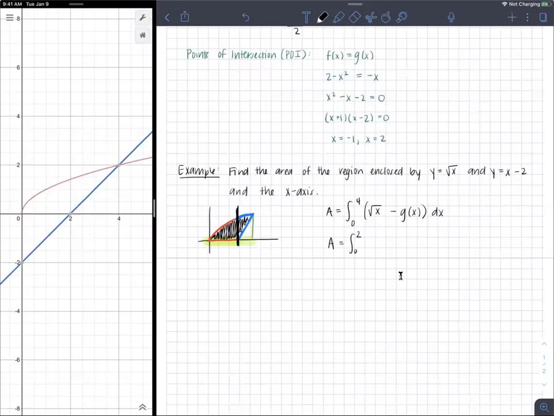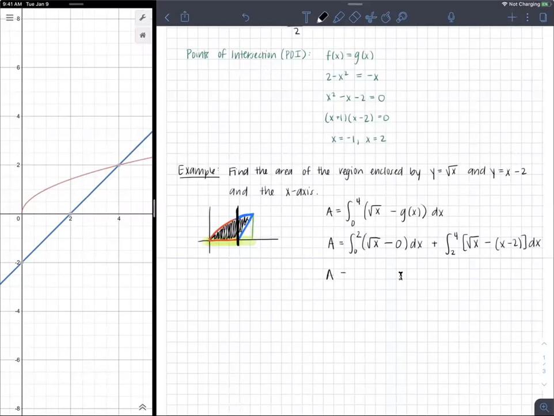My top function, f of x, on this interval is the square root of x, minus g of x, which in this case is the line y equals 0, right? And so you're going to have the integral of square root of x minus 0 dx, plus the integral from 2 to 4. And on this interval, g of x is the line x minus 2. And so here I had to split it into 2 separate pieces, right?